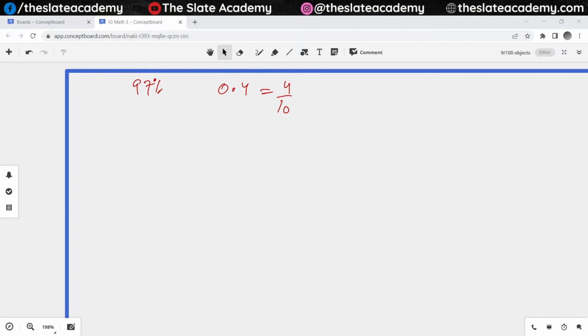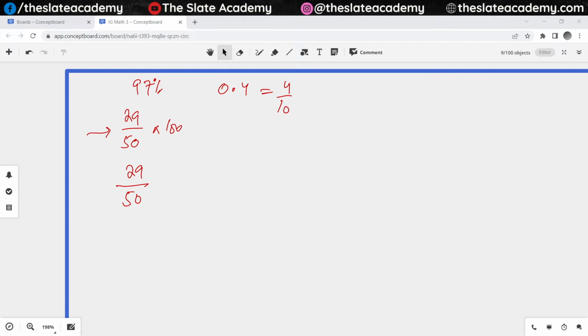So a few ways to do it. First of all, if you have a number in decimal form, for example on your calculator 29 by 50, you simply multiply it with 100, and the calculator would give you the answer in percentage form. However, if you were to do the same conversion into percentage without using a calculator, 29 by 50, you would need to convert the denominator into 100.